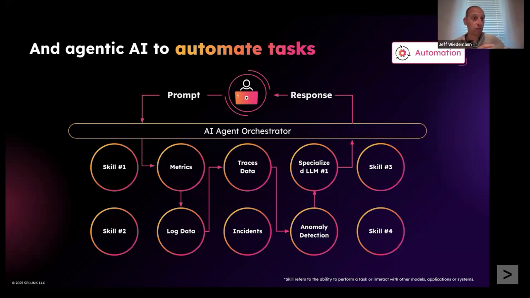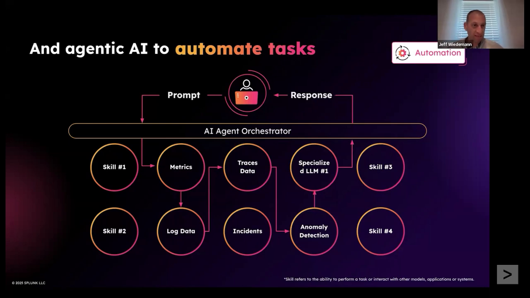Then it is actually going to call upon multiple different skills that it has the ability to go call on and use. And those skills can be AI in nature, they can be non-AI in nature. A really good example is one skill where we turn the prompt into a set of SignalFlow, which is basically how we query metrics in Observability Cloud.